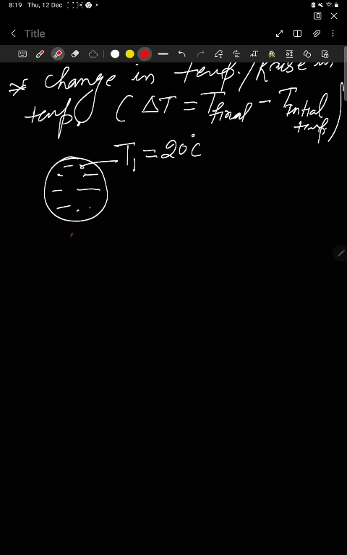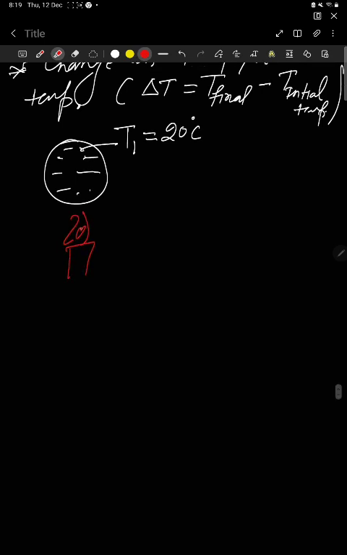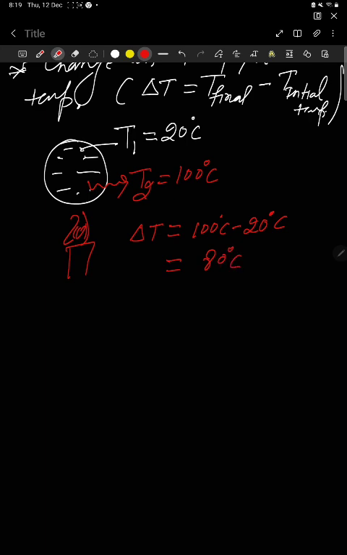Now suppose I supply some heat to this object. Due to this supply of heat, its temperature is going to increase, and now its temperature becomes 100 degrees Celsius. What is the change in temperature in this case? Delta T is final temperature minus initial temperature, so it will be 80 degrees Celsius.